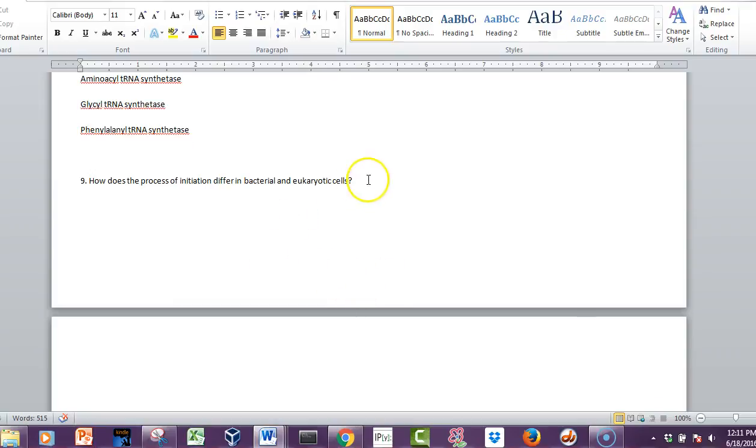How does the process of initiation differ in bacterial cells and eukaryotic cells? Mostly eukaryotic cells use the 5' cap, meaning the ribosome recognizes the 5' cap. In bacteria, the ribosome recognizes the Shine-Dalgarno sequence.